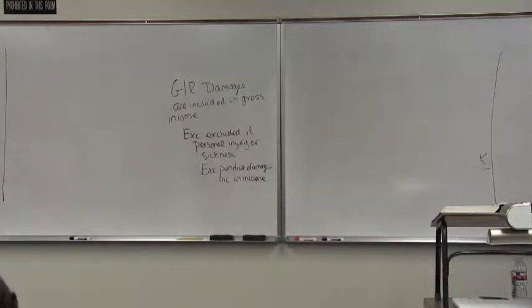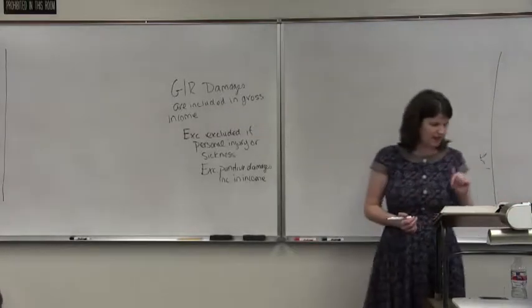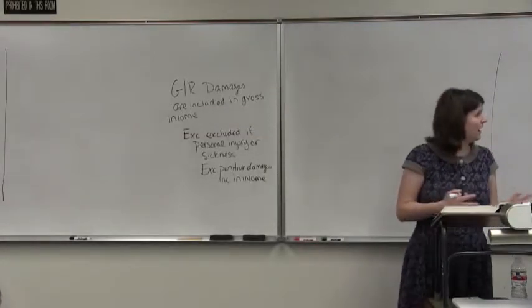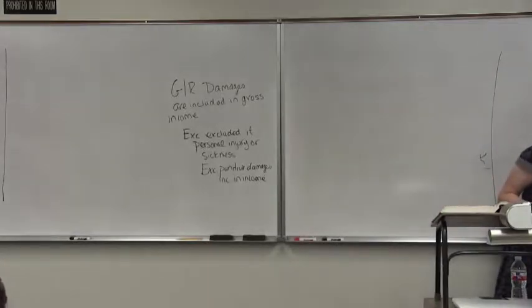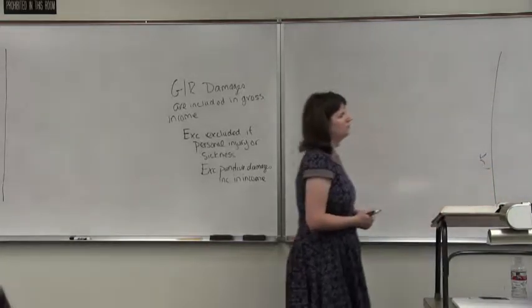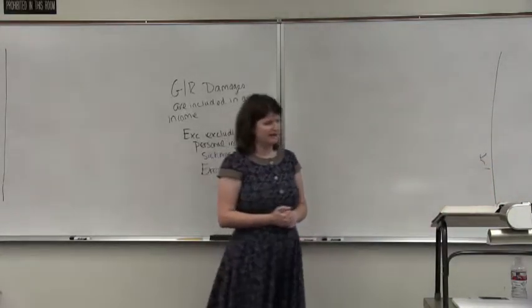So they make it a little bit too complicated in this book. But let's do an example. Okay? Actually, this is the big picture facts. Right here. Okay? So Paul, you remember Paul was in an accident.